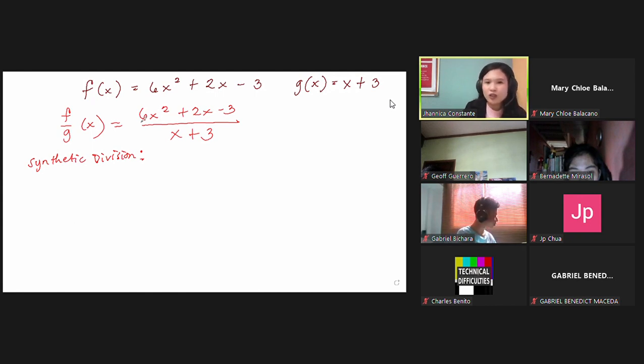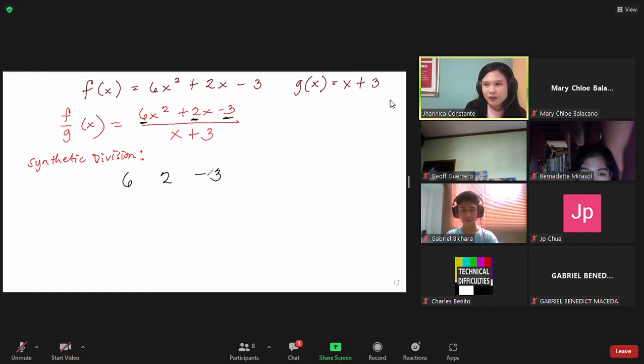The coefficients that we have are positive 6, positive 2, and negative 3. Those are the coefficients and the constant number that we're going to use in our synthetic division. So 6, 2, and negative 3. Let's write it here.